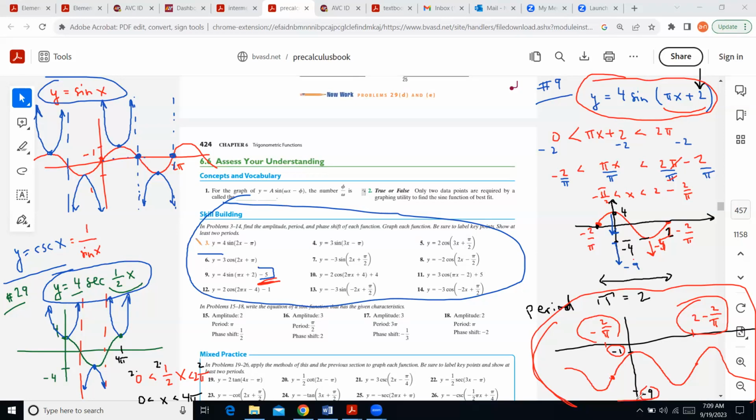And why did you go down 5 units? Well, because that's what they gave me, -5 here. Oh, I didn't see the -5. Yeah, it's too much mess. But here's number 9. That's what we're doing. So I graphed the picture and then I moved it down 5 units because of that -5.